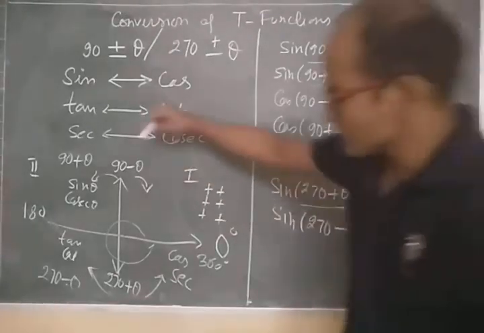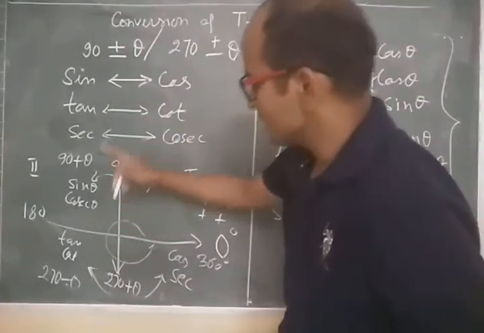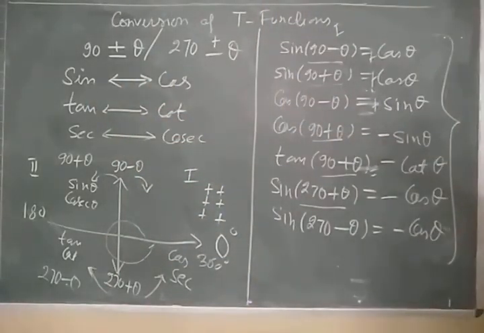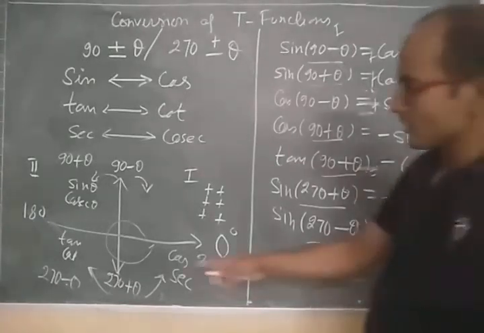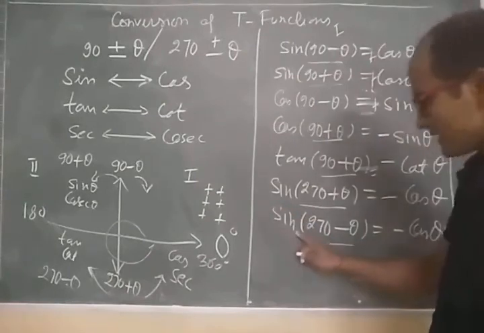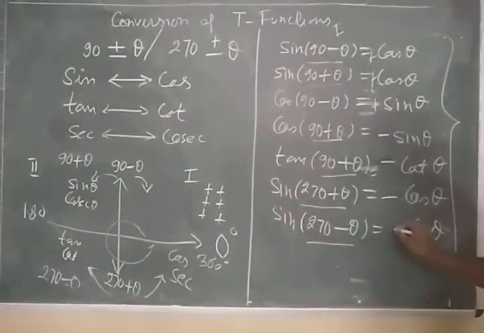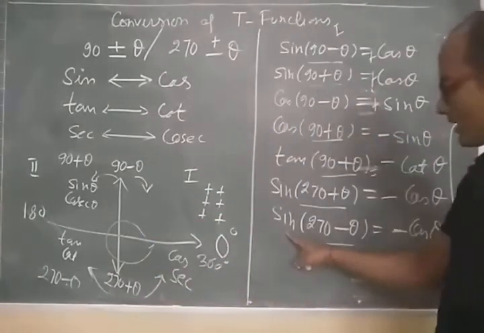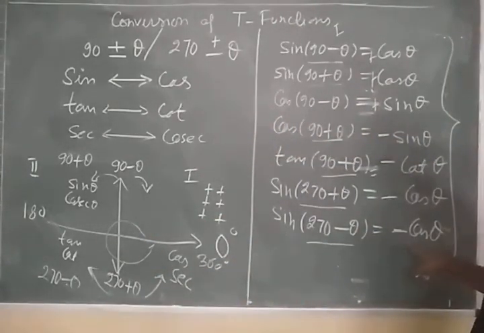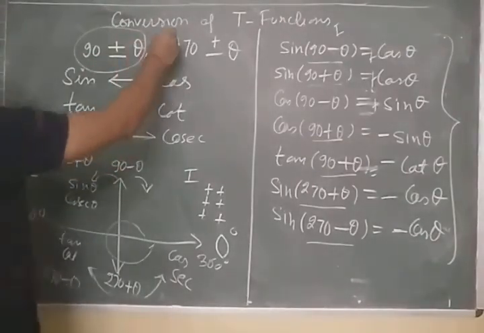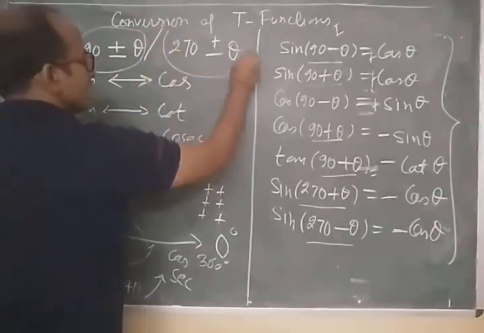And in 270 plus or minus, sine will convert into cos, so the answer will be minus cos theta. Again, 270 minus means the third quadrant. In the third quadrant, the sign of sine is negative, and in 270 minus, sine will convert into cos. So this is minus cos theta. So the rules for 90 plus theta or 90 minus theta are the same for 270 plus theta or 270 minus theta.